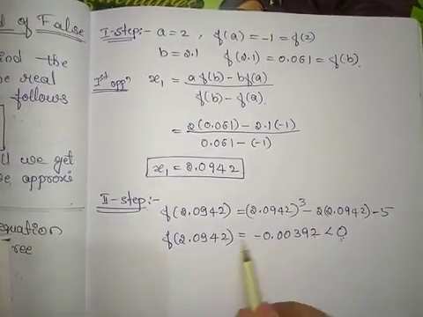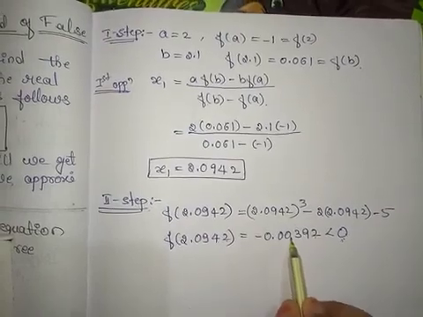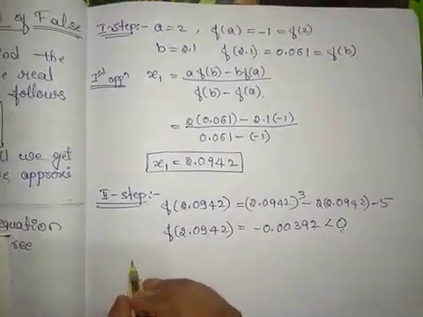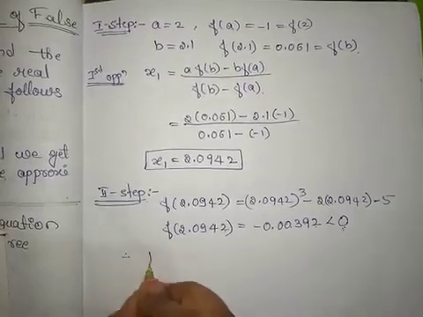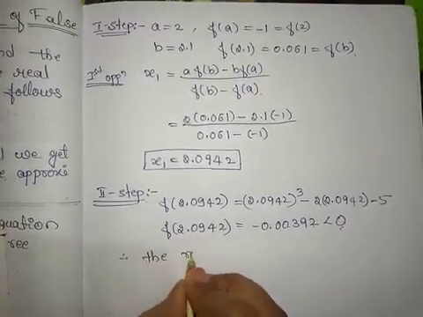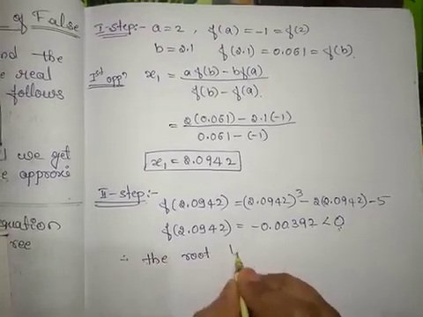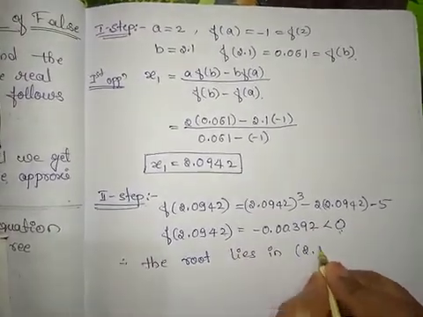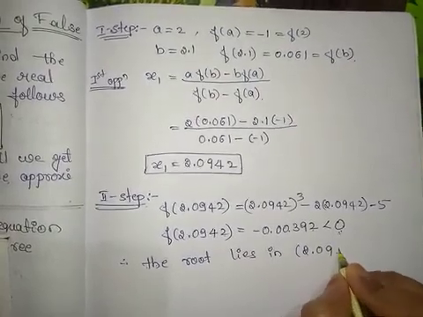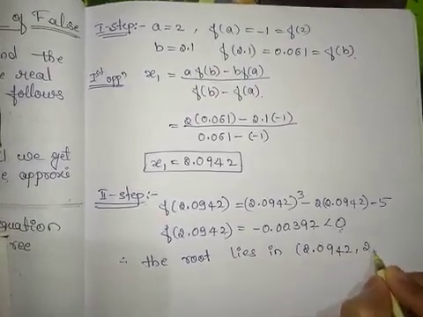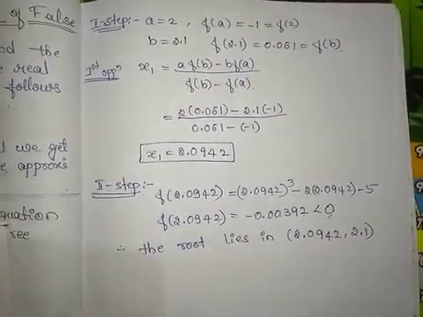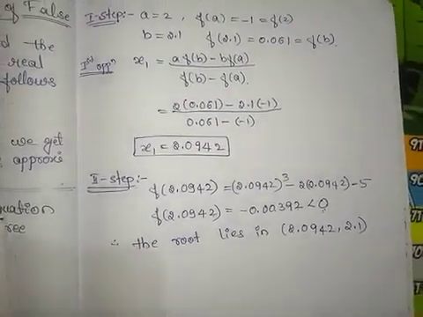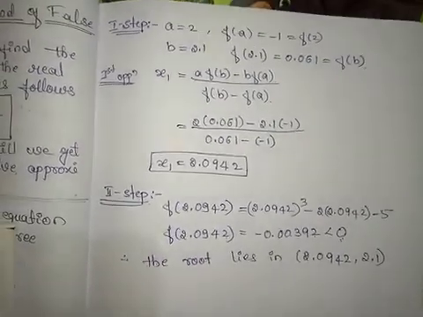Therefore our root lies in 2.0942, 2.1. When we continue this process, b minus a becomes small enough.